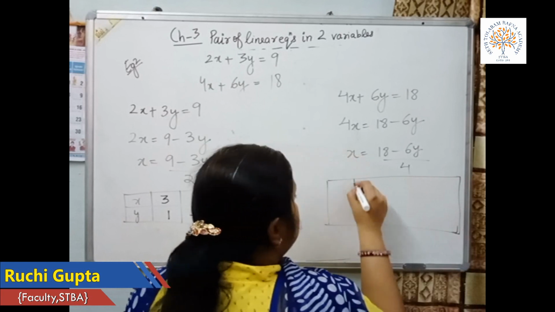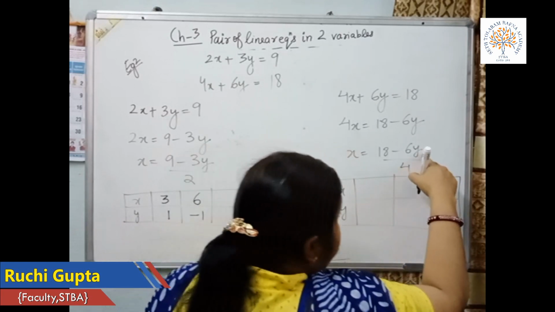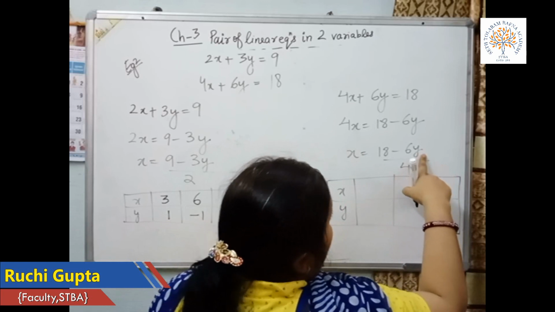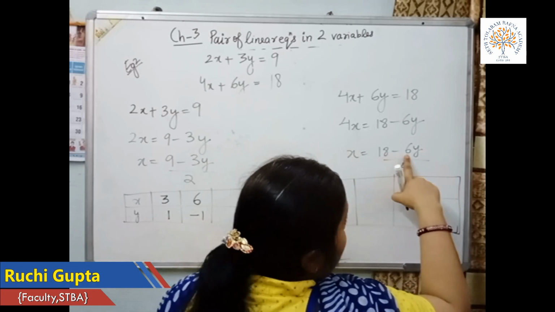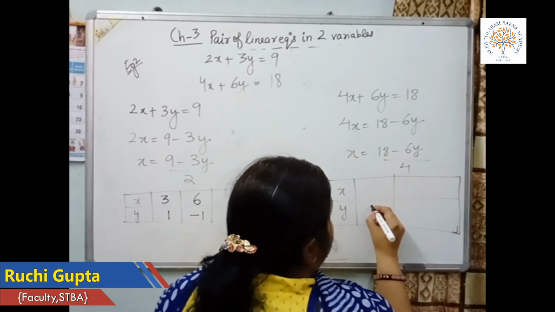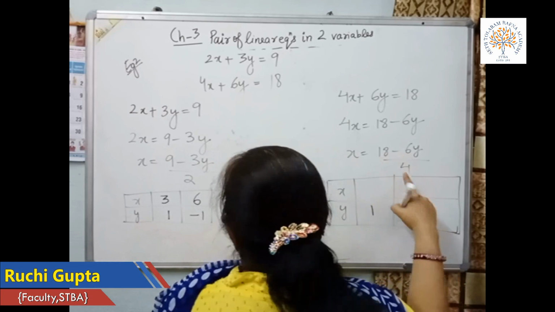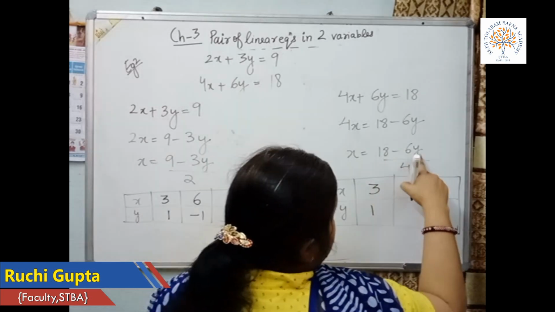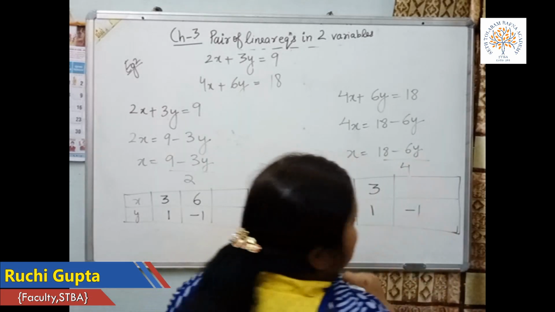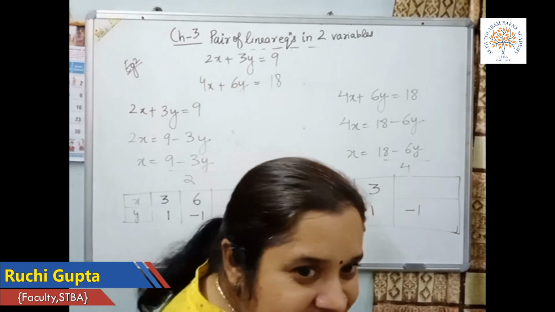Now find the solutions of this equation. If I take y as 1, then it is 18 minus 6, 12 upon 4 is 3. And in this, students, can you see that both the points are same?